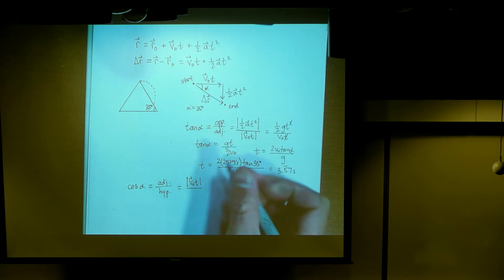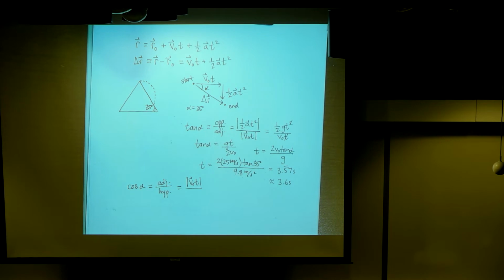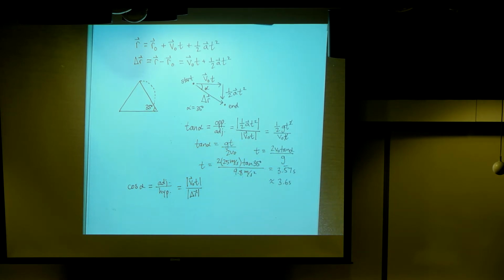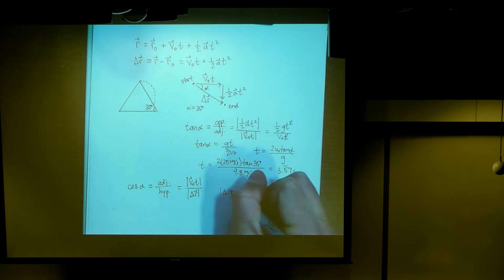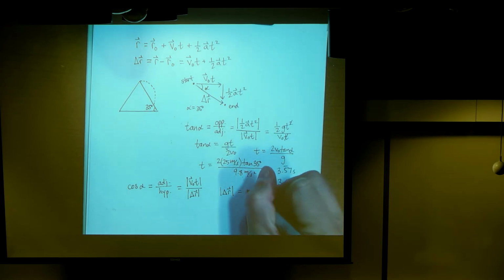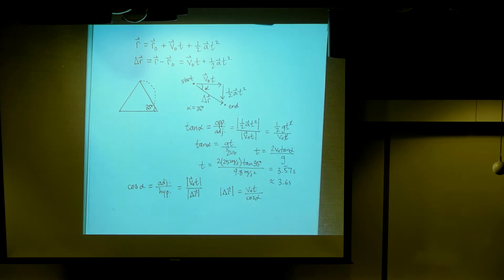And then what's our hypotenuse? The long side. Yeah, it's the magnitude of delta r. Okay, so I'm trying to solve for the magnitude of delta r. So let's multiply through on both sides and divide by cosine alpha. That gives us delta r is v naught t over cosine alpha, okay?